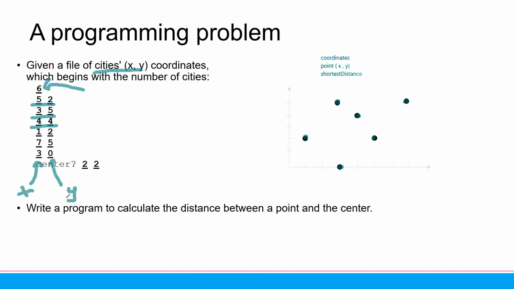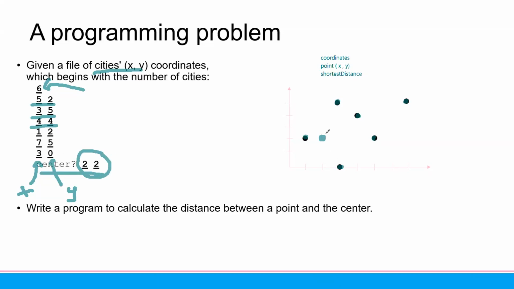Now, for example, I need to check what the center point is. For example, I want to make a warehouse system, and the warehouse can be located here. So the center point is 2,2.